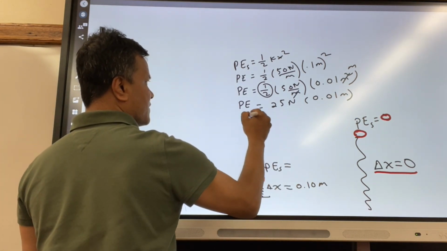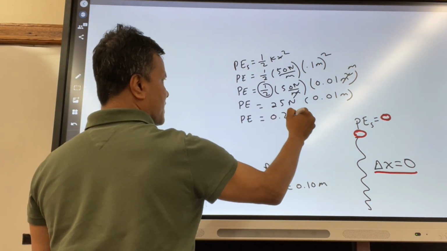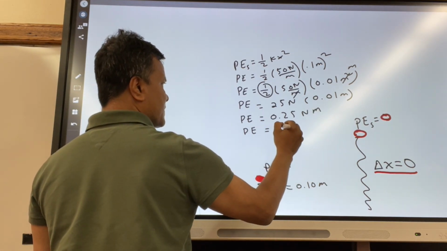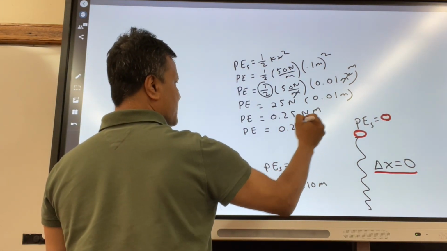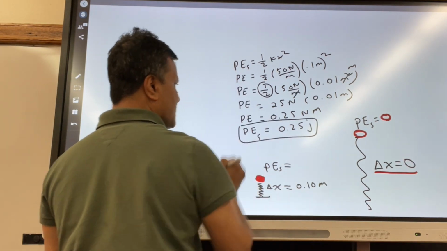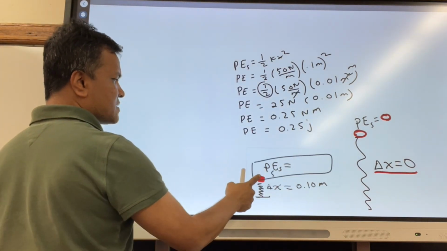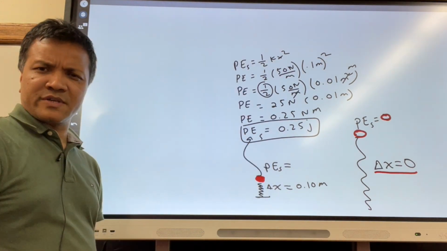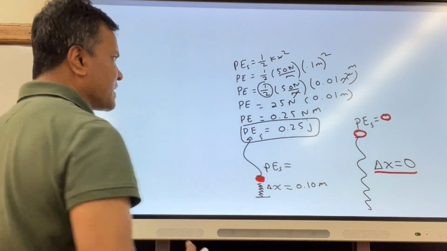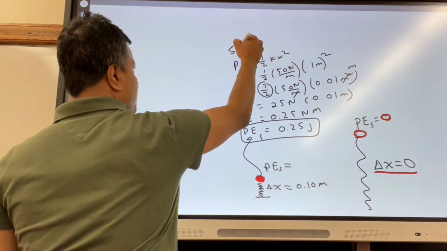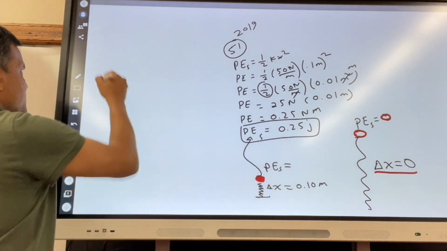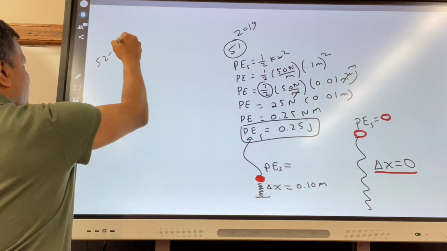So then you have 0.25 Newton meter or joule, 0.25 joule. So this one has this much spring potential. What can you do with this one? This is problem 51 from 2019 Regents Physics, and this would be problem 52 and 53.